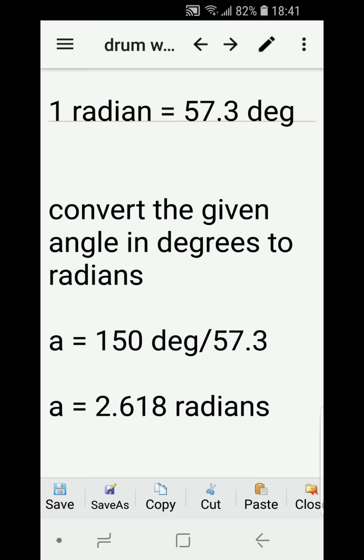We just need to divide 150 degrees by 57.3 degrees per radian in order to convert the given angle in degrees to radians. So A is now 150 over 57.3. We got 2.618 radians.